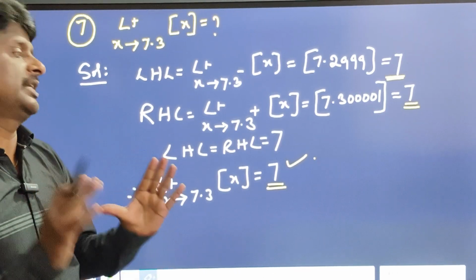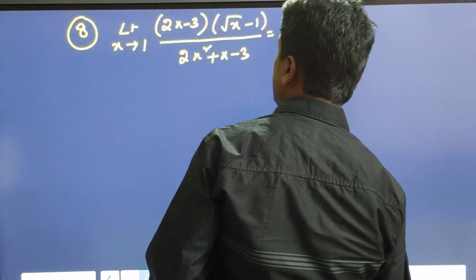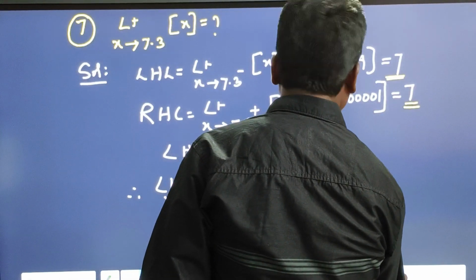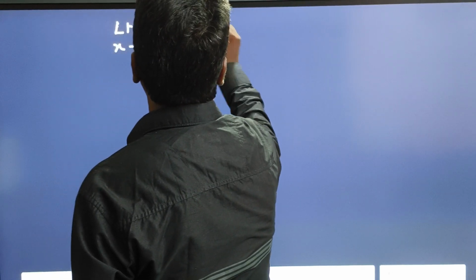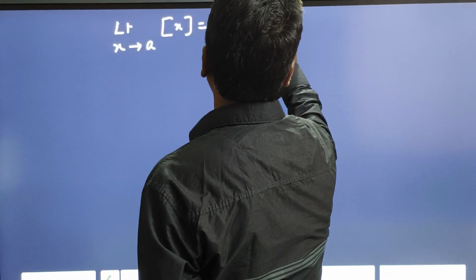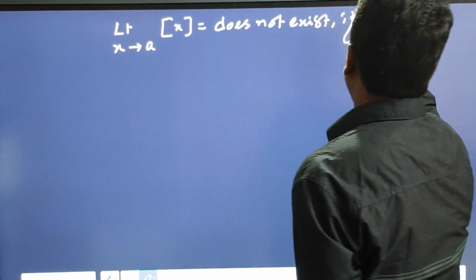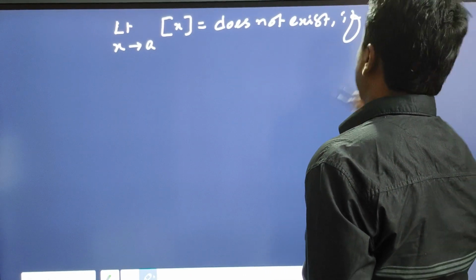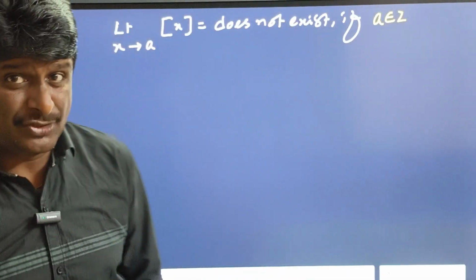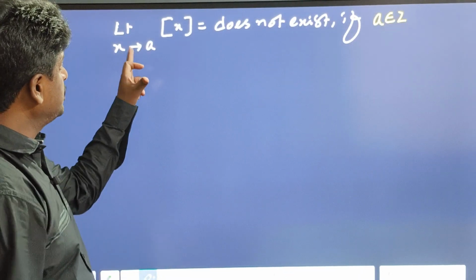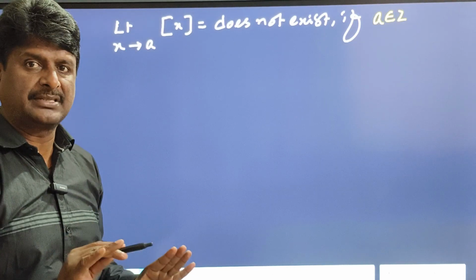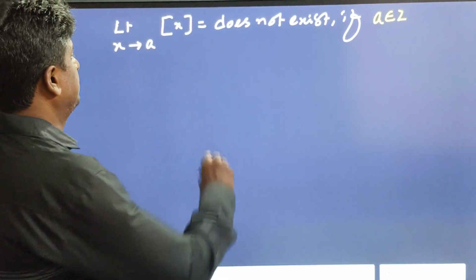So what did you observe now? We can write a note for the step function. Limit x tends to a of step x does not exist if a belongs to Z. Just like limit x tends to 2024 step x does not exist.